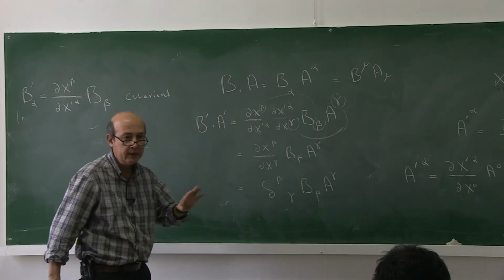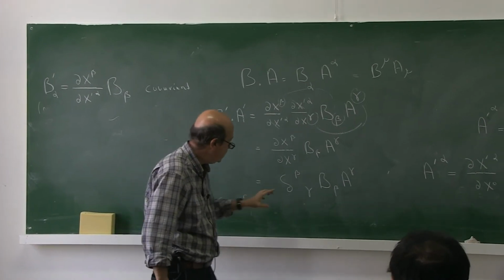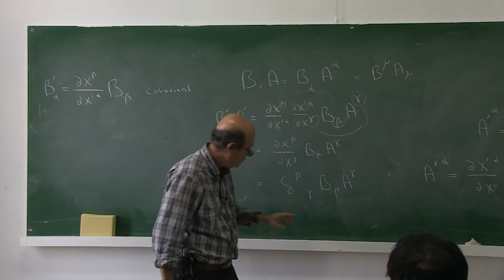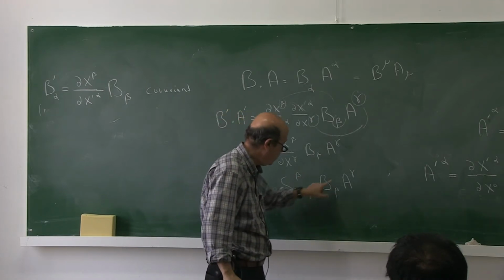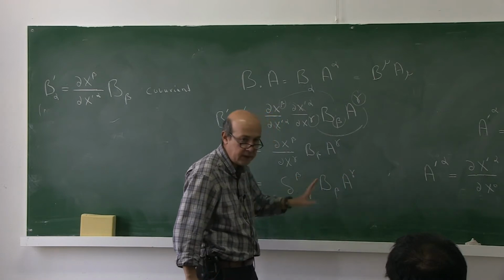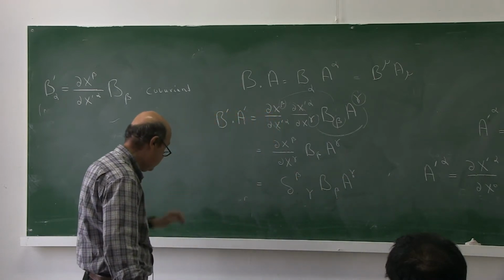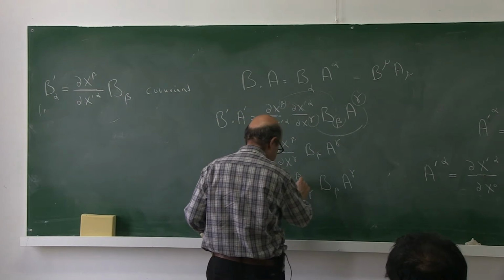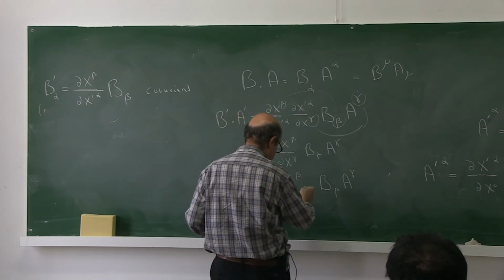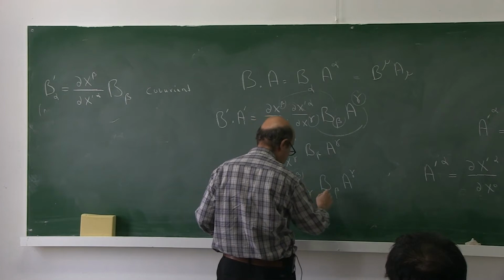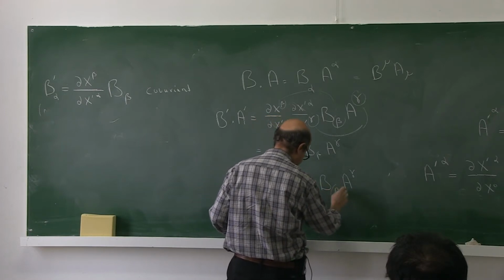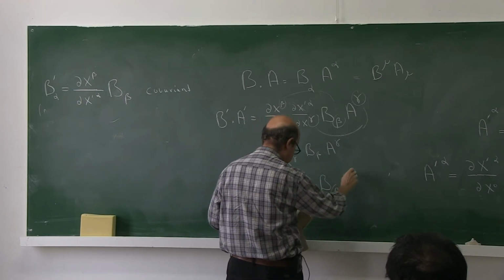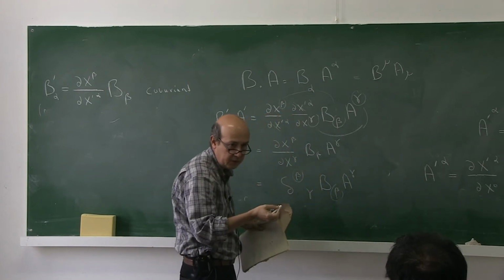So when you do some calculation, if you see the same index in the same place, that means there's something wrong. So this is down, up, it's good. This is down, up, good. But if it were down, down, that means your calculation is incorrect somewhere. So basically, you have two options here. Either you can contract this beta and beta, leaving gamma, or vice versa, contract gamma and gamma, leaving beta, whatever you choose.